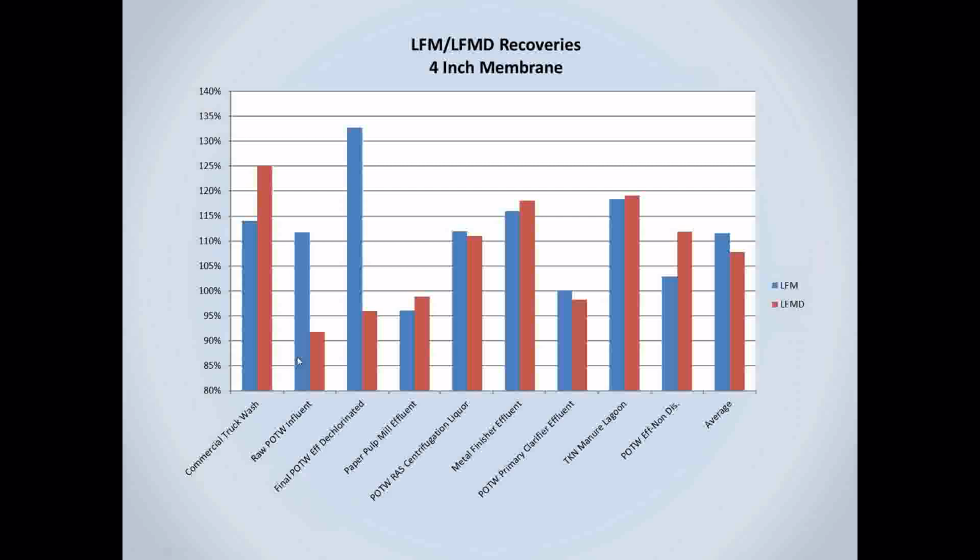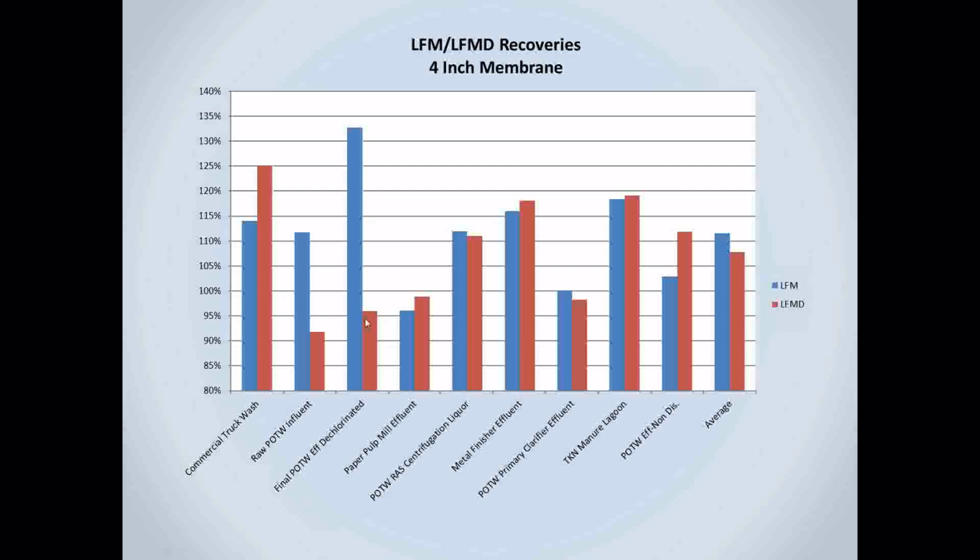Raw POTW influent. You notice there's a big difference between the two of these. And that's to be expected because the influent has a lot of solids in it. It's not a homogeneous sample. So when you spike that, you would expect to see some variation. The final POTW effluent, dechlorinated, has the sodium sulfite in it. So there might be a problem with this.